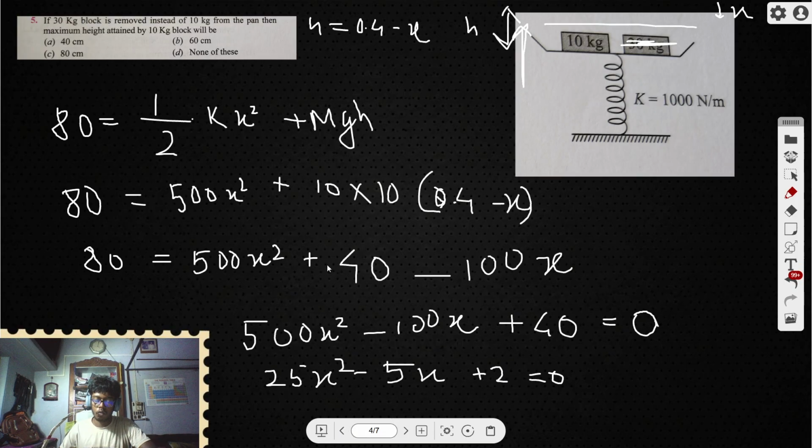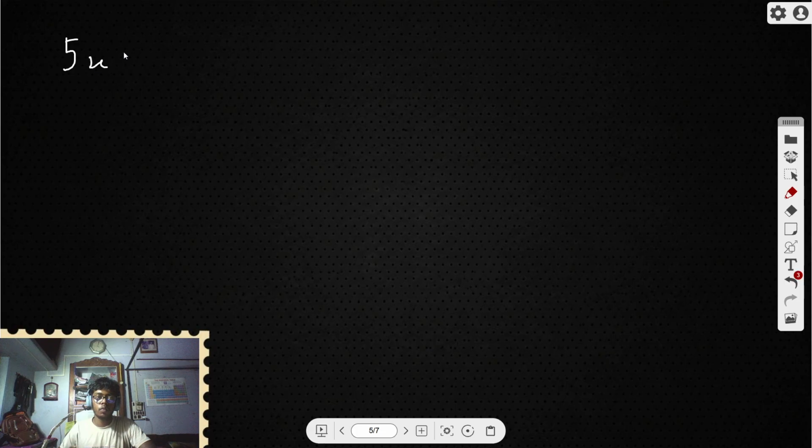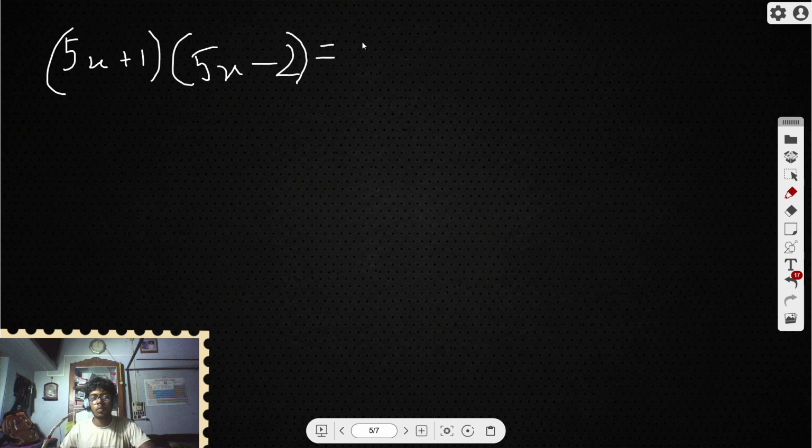I hope you all can do this factorizing of a quadratic. It will be (5x plus 1) into (5x minus 2) equal to 0. Now from here x will be minus 1 by 5 and 2 by 5.